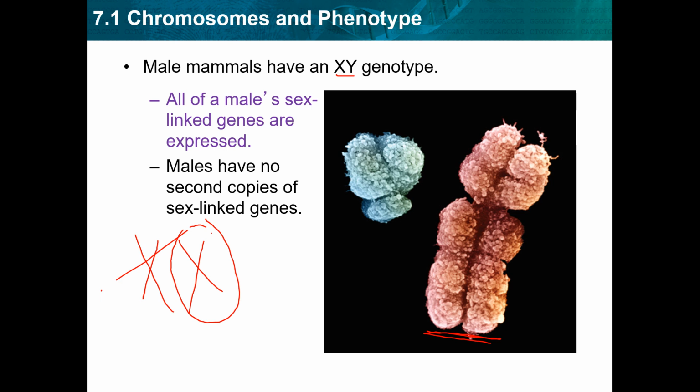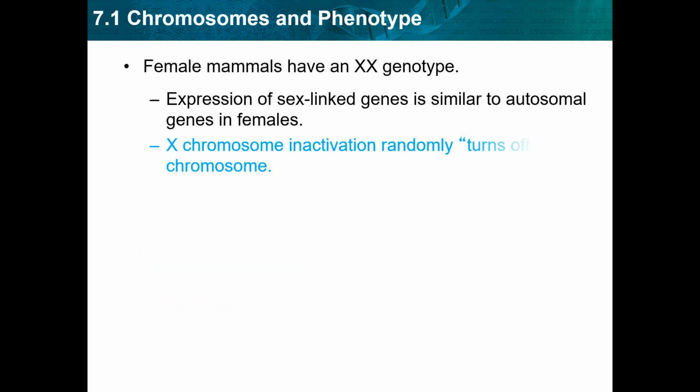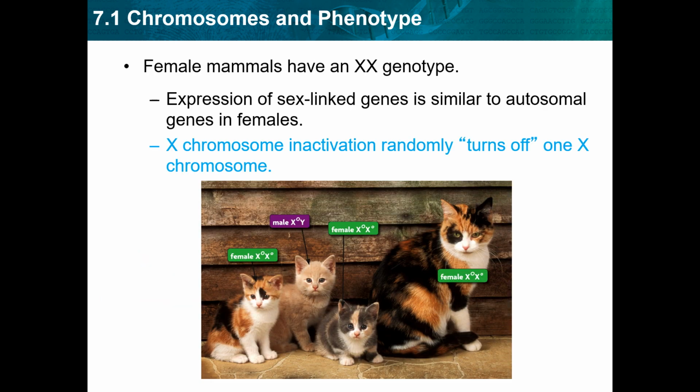And that's because males have no second copy of their sex-linked genes. That's exactly what this is saying here, where females have what's called X chromosome inactivation, where they turn off one of their X chromosomes.